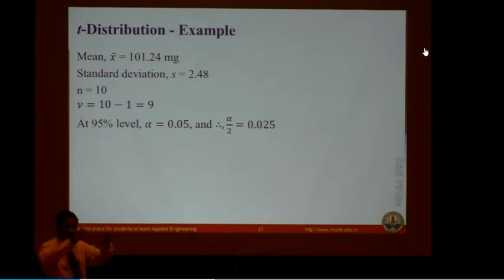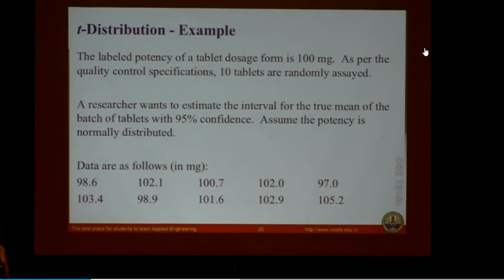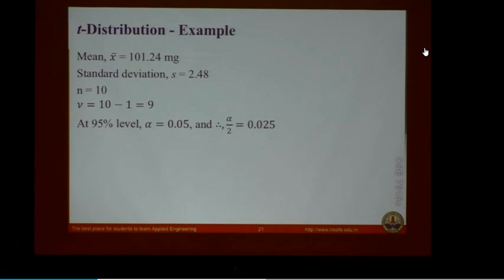I want the symmetrical confidence interval, so 2.5% on both sides. For these 10 samples, we use n minus 1. Correct? So now tell me the confidence interval. Not the final number, just tell me the process, the path.